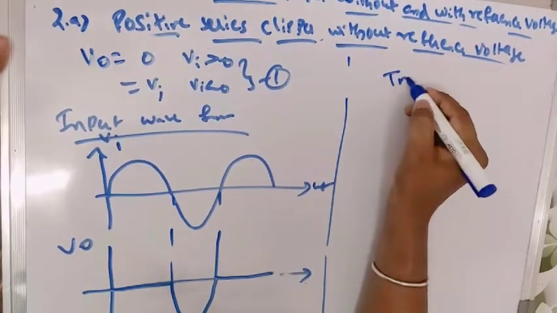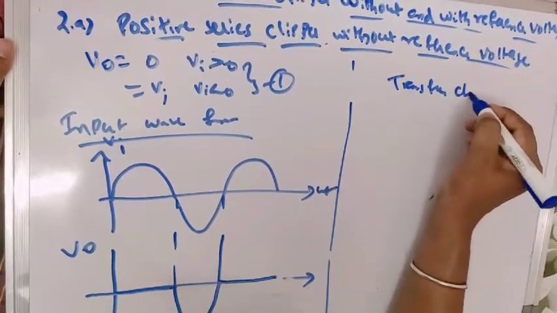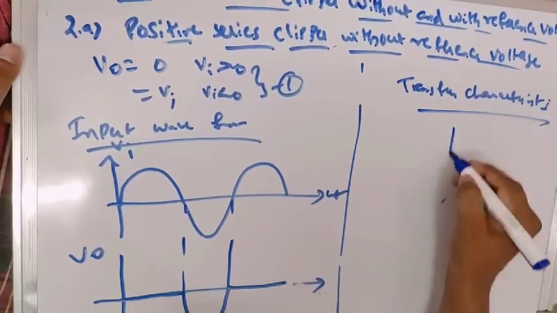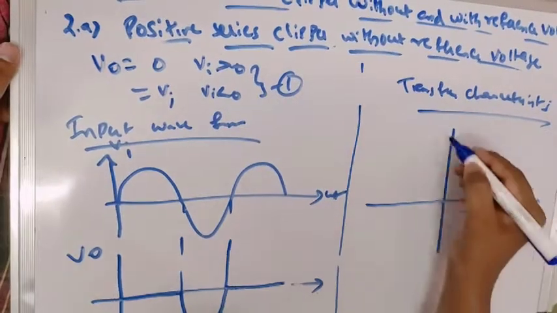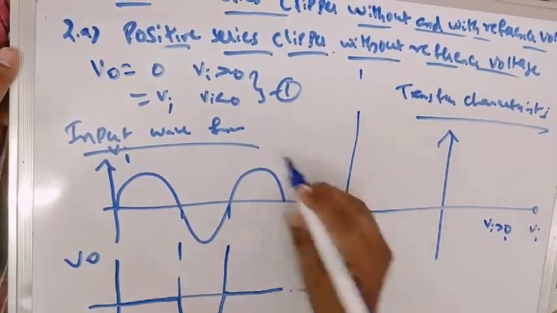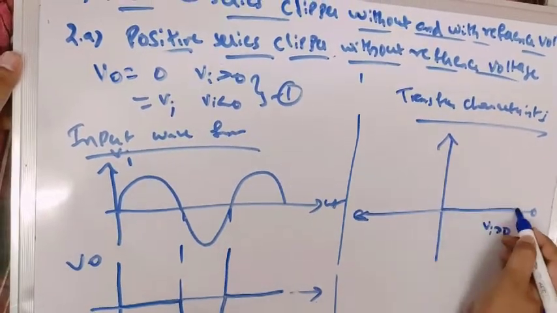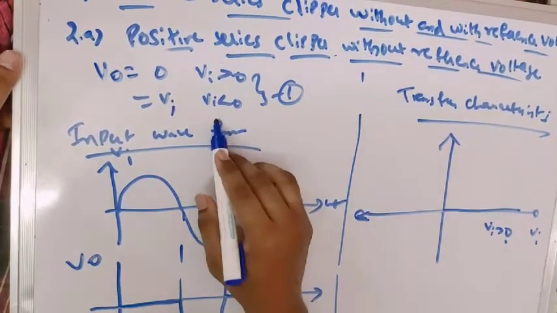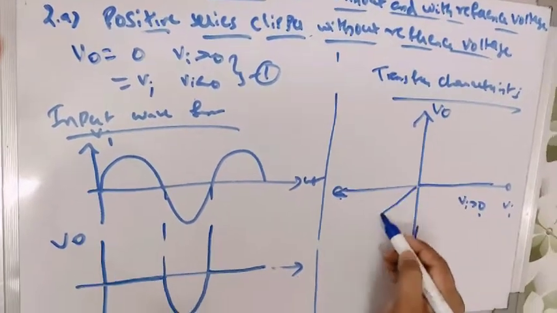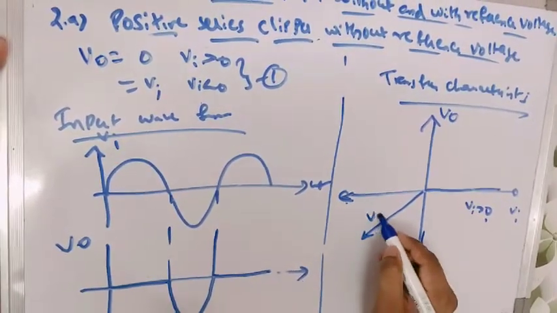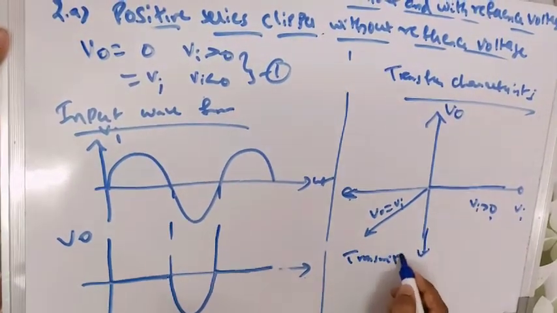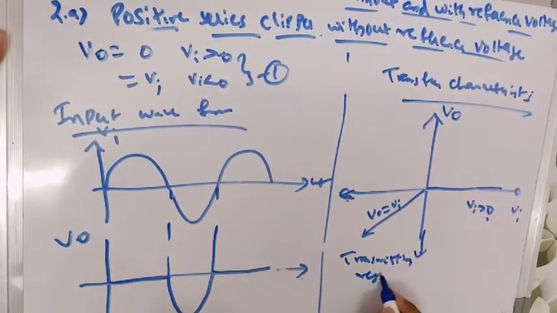Now we'll see the transfer characteristics of the clipper circuit, with output with respect to the input signal. When Vi is greater than 0, the output will be equal to 0. When Vi is less than 0, that is during the negative portion, the output voltage follows the input voltage, that is, V0 is equal to Vi. This is called the transmitting region of the sinusoidal signal.